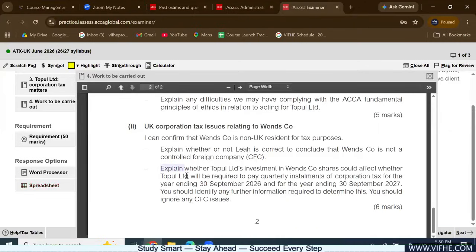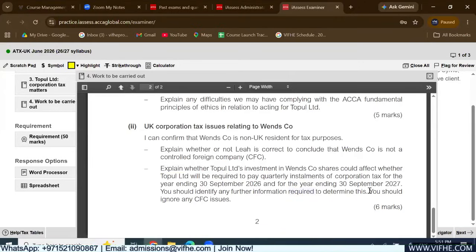This is like saying whether Topol Limited's investment in Vendsco shares could affect whether Topol Limited will be required to pay quarterly installments of corporation tax for the year ending 30th September 26 and for the year ending 30th September 27. And you should identify any further information required to determine the installment related issue. You should ignore any CFC issue.